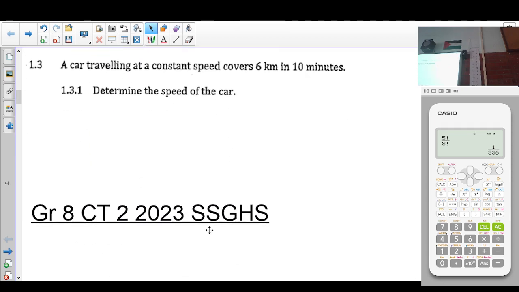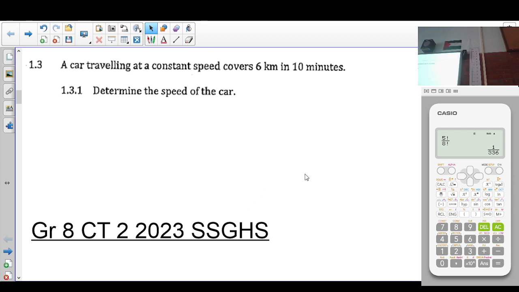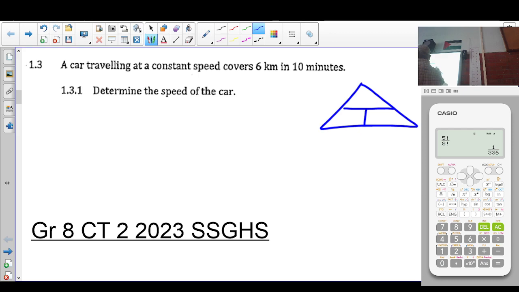1.3. A car traveling at a constant speed covers 6 kilometers in 10 minutes. Now triangle, you got distance, speed, and time. Determine the speed. So speed is equal to distance over time. How much distance is covered? 6 kilometers in 10 minutes.